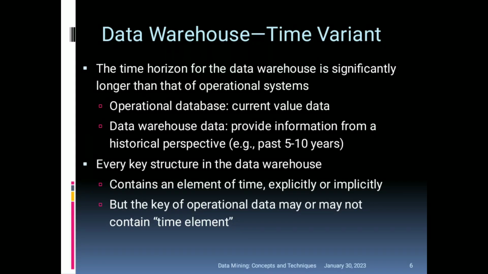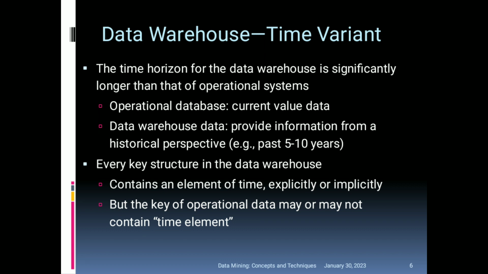The other feature of a data warehouse is that it is time variant. The time horizon for the data warehouse is significantly longer than that of operational databases. An operational database gives current value data.